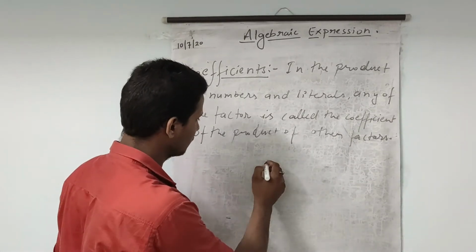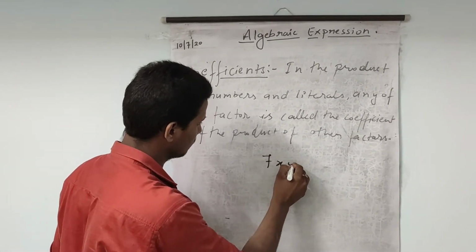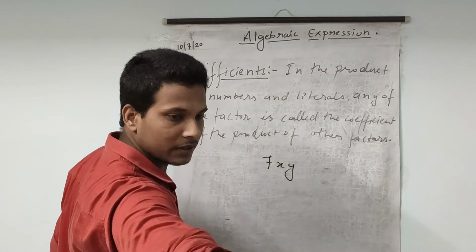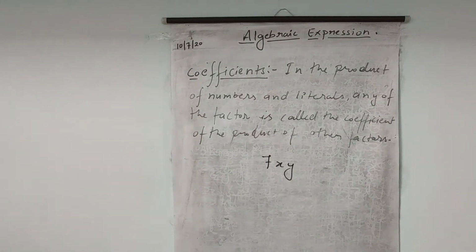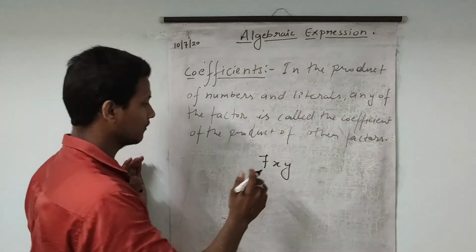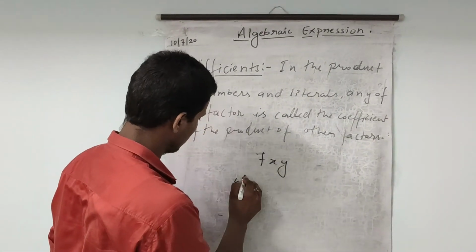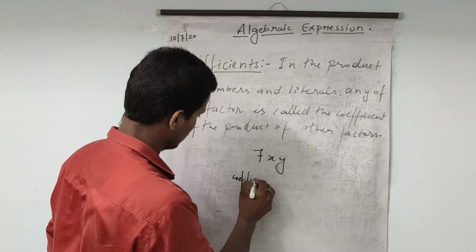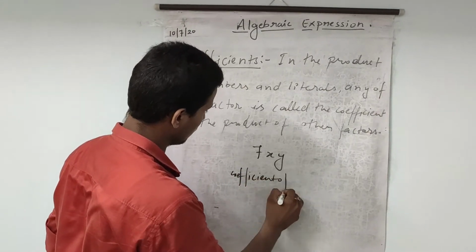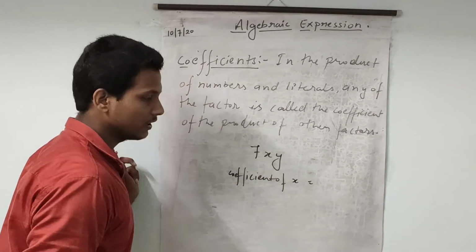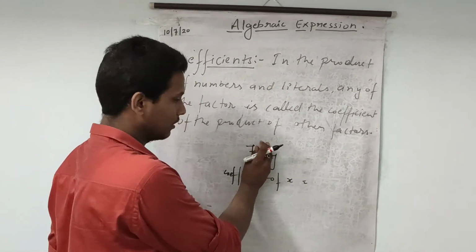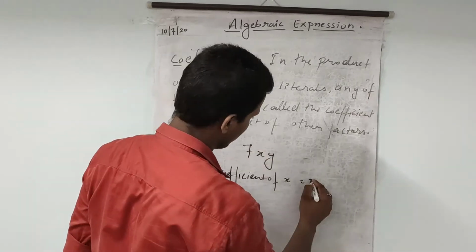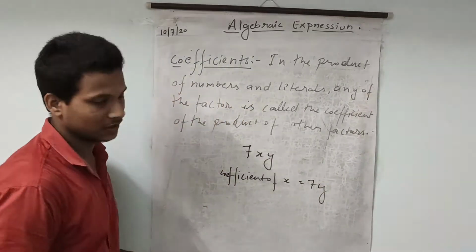Like suppose I have taken the example 7xy. If I ask for the coefficient of x, then leave the x and the remaining is the coefficient. Means 7y is the coefficient for this particular term.